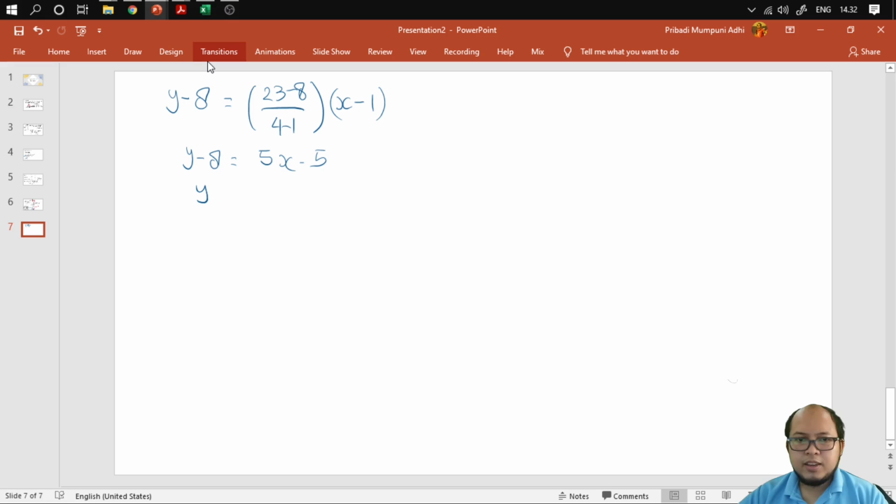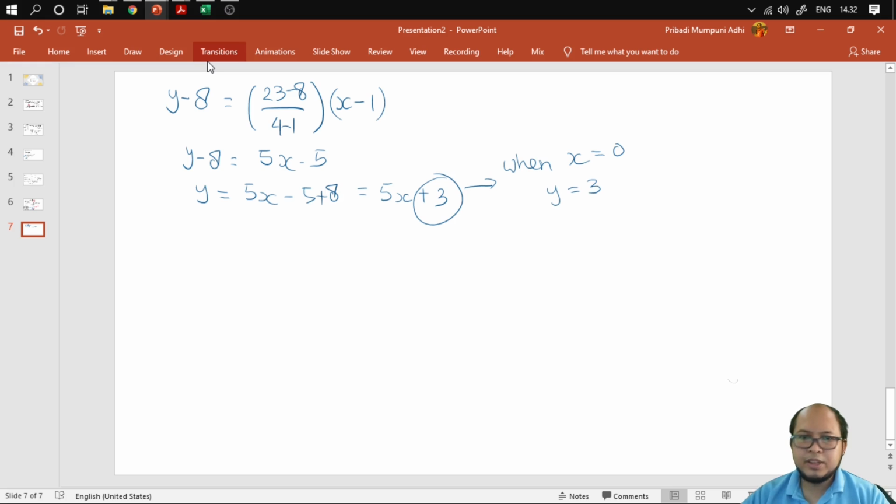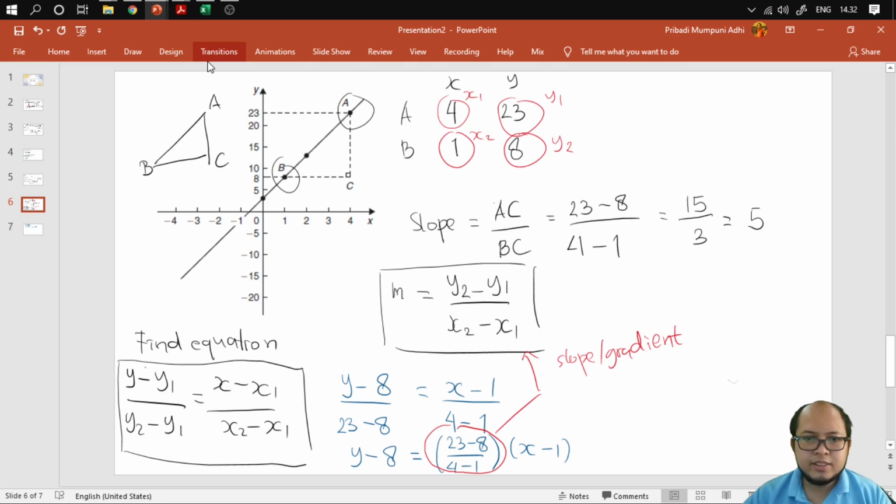And finally, we will have this equation. It means here, when x equals 0, y equals 3, as we can see from this graph.